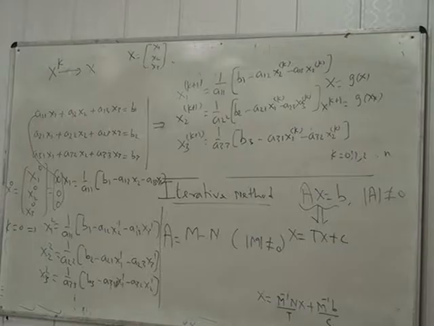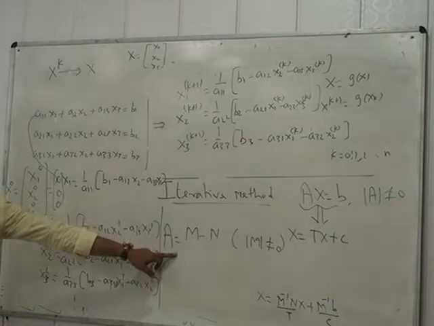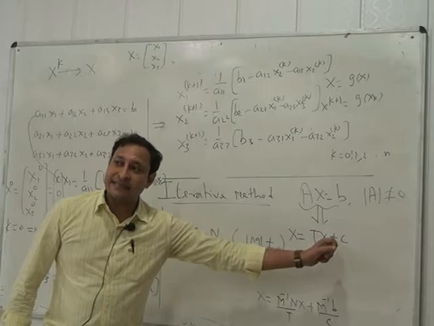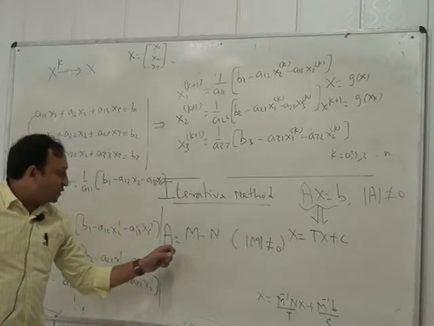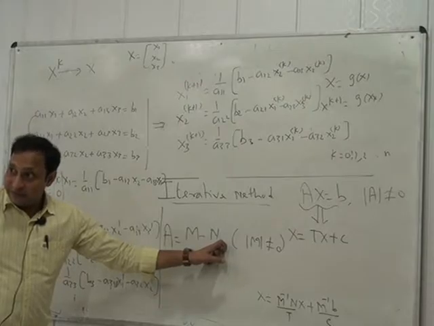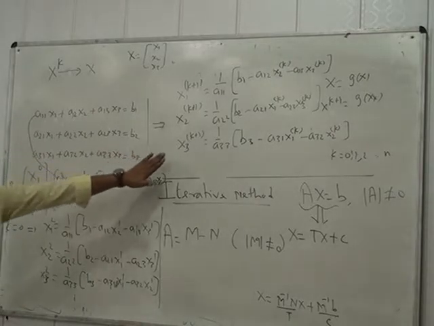Okay, it's clear? Now let us relate what simple thing we have done with this, because our idea is to write x as Tx plus c. That means you have to decompose A as M minus N, with the restriction that M has to be a non-singular matrix, that is, the determinant of M is nonzero.